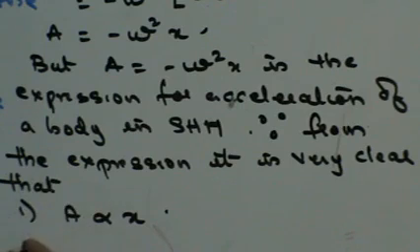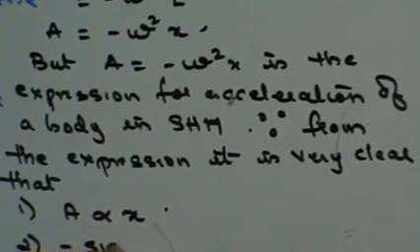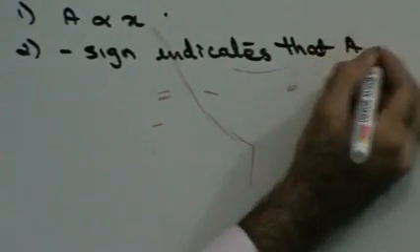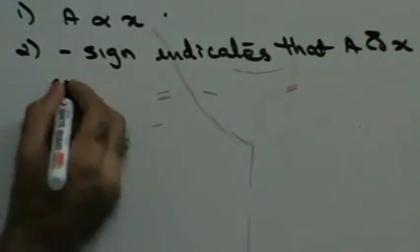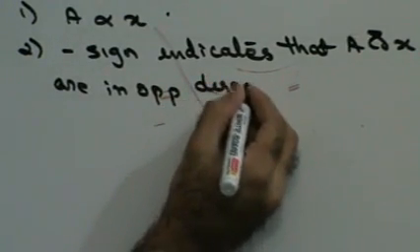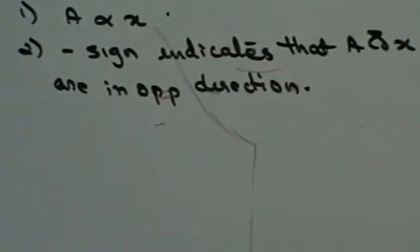And the negative sign indicates that a and x are in opposite directions. Thus, we have mathematically proved that the projection of a UCM along a diameter is nothing but SHM.